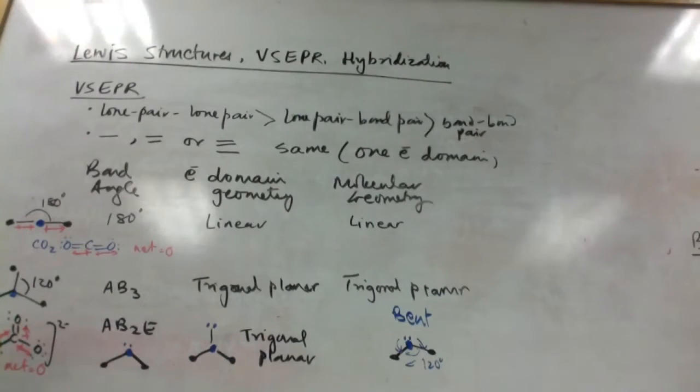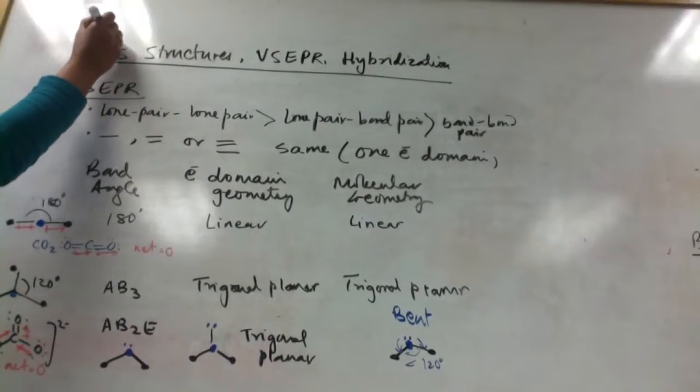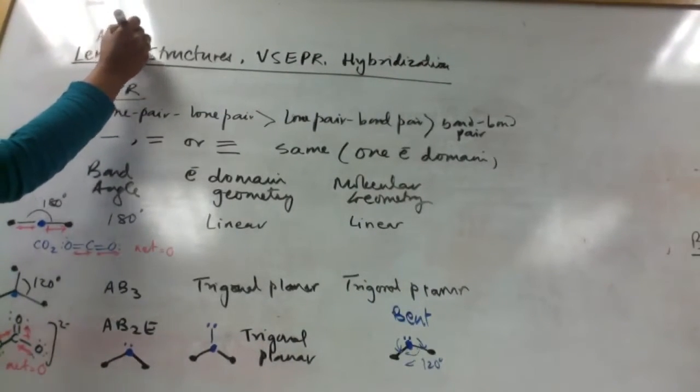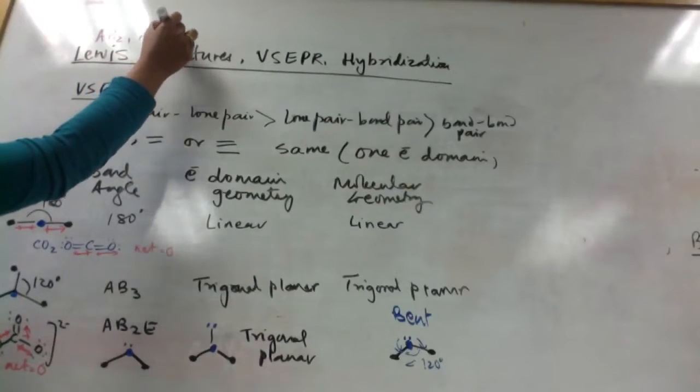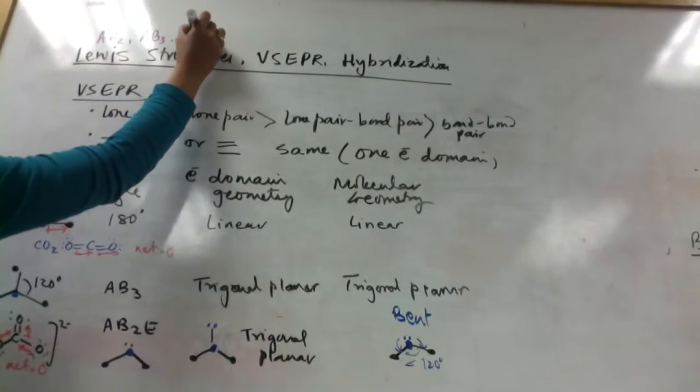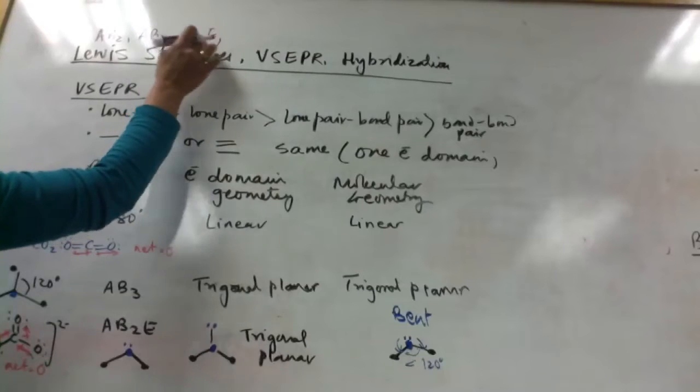Basically, you need to know AB2, AB3, AB2E. Let me write these here. So what you need to know is AB2, AB3, AB2E. They are one thing, right, with a lone pair.